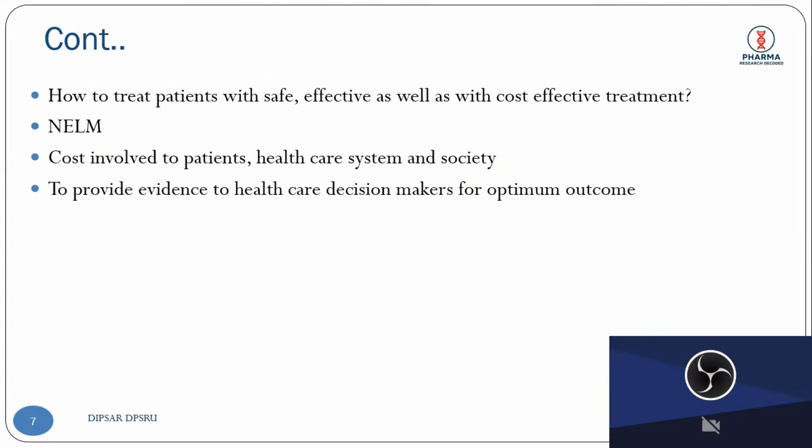Another thing is that in any therapy, the major objective is to treat patients with safe, effective, as well as cost-effective treatment. Of course safe and effective, but if the cost of the medicine is too high and not affordable, it cannot be called an economical medicine. So you have to consider that as well.